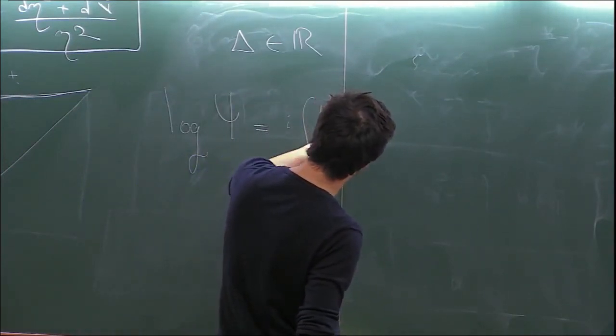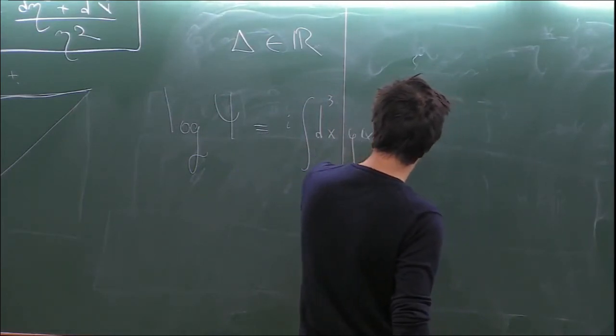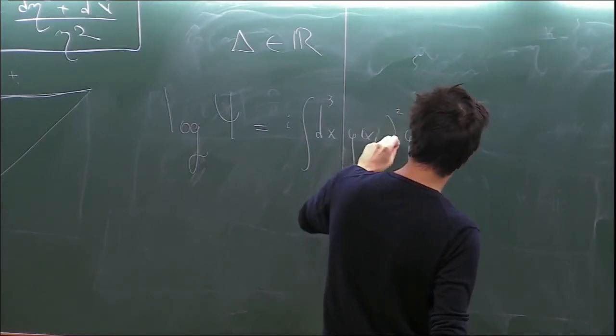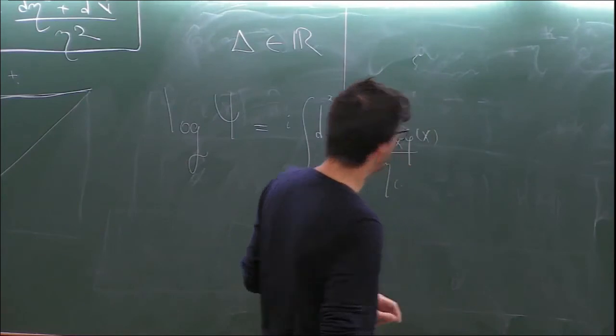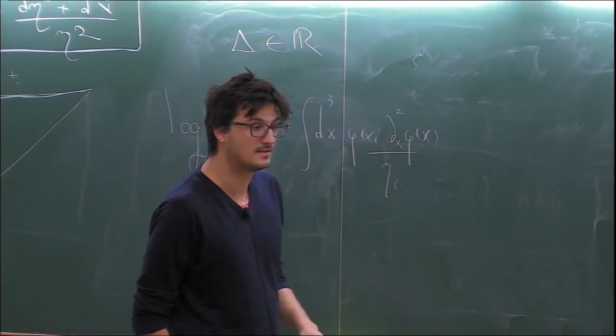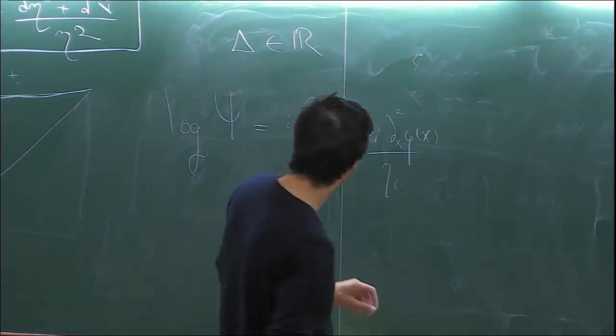There exists a piece which is local and diverges at late times, which is a pure phase. Okay? So there's a piece of the wave function that at late enough times is local and diverges.